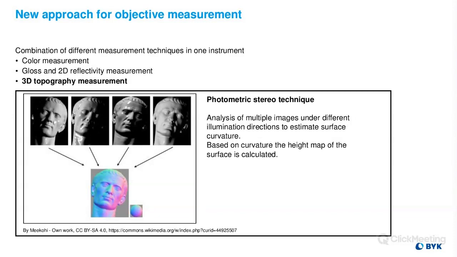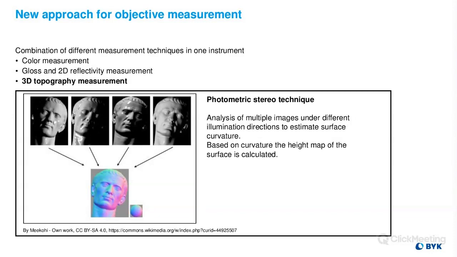All right, so color, gloss, and 2D reflectivity, and then to round out that set of measurement techniques, we have the 3D topography measurement. This is done by taking an image of the surface under 4 different illumination directions.